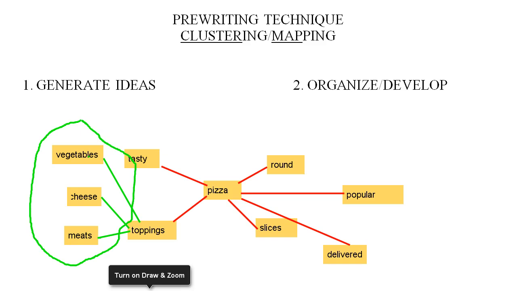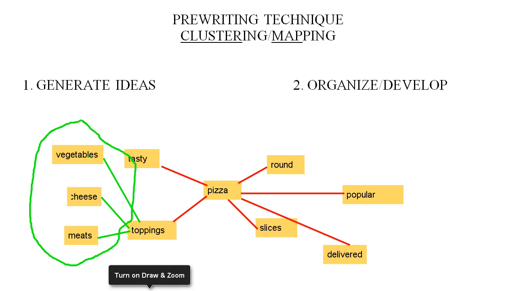In terms of the idea that pizza is not only tasty and easy to get, but also healthy. So my map, my cluster, by showing me how my thoughts come together, has helped me add more information to my paragraph and helped me organize that information.